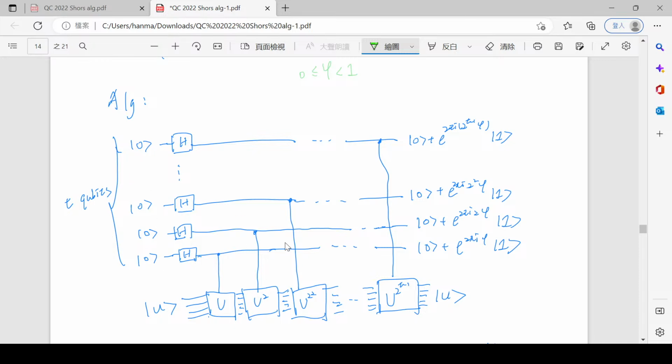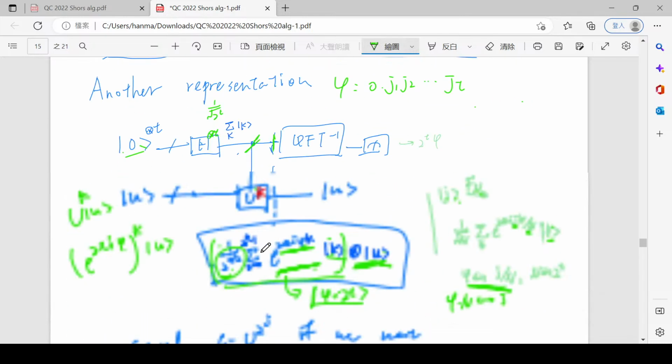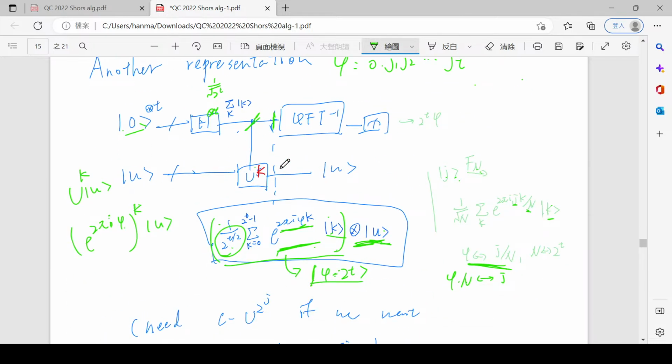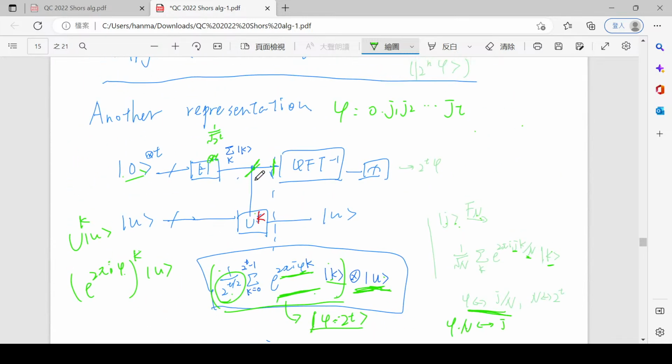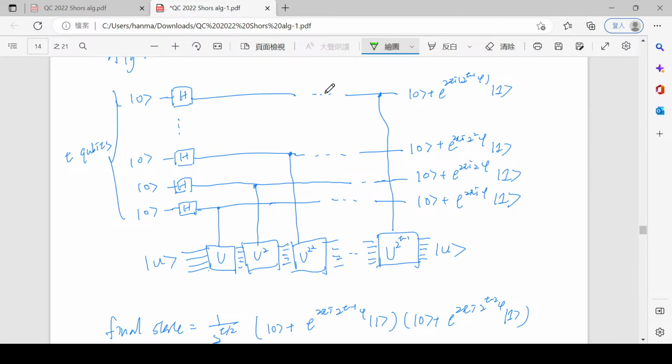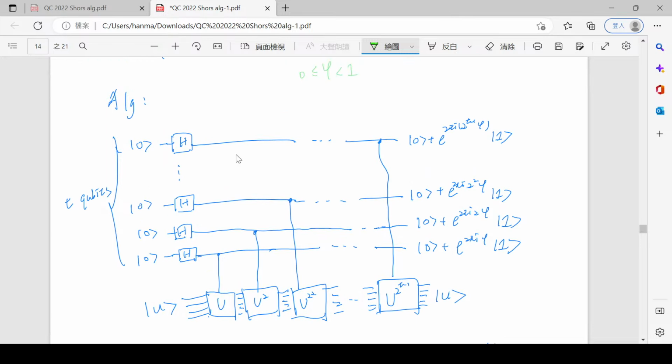You break up this t-bit register, and now this weird t-bit control can be implemented in this way. So now you look at this, you think of those t bits as the digits of k, right? So together they should give you a k here.